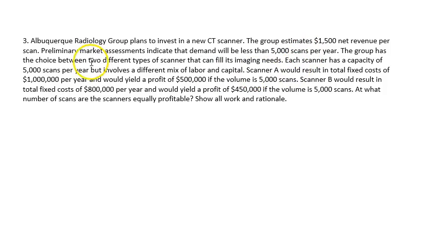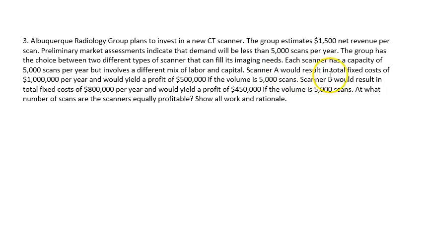So we got that in there, all very familiar. And now we have the choice between 2 different types of scanners. Each scanner has a capacity of 5,000 scans per year, but involves a different mix of labor and capital. So our variable costs and our fixed costs are going to be different.